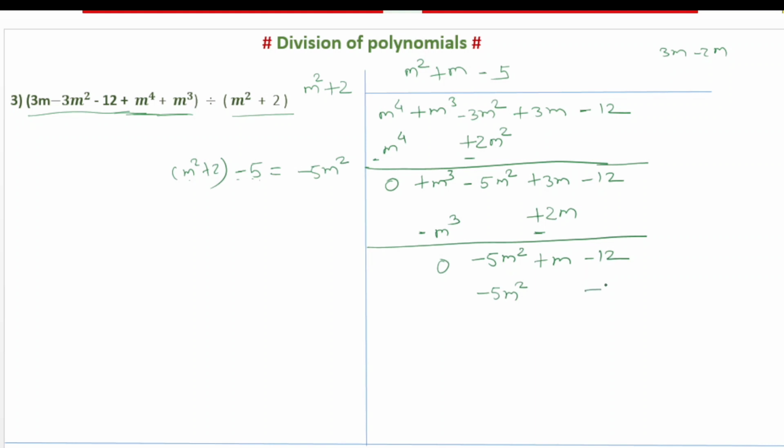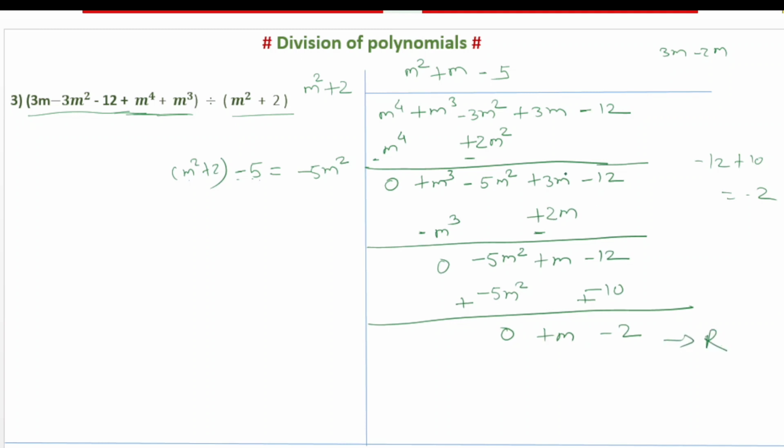We write minus 10 below the constant value. Subtracting, we get 0. The remaining value is m, and minus 12 plus 10 gives minus 2. So the remainder is m minus 2.